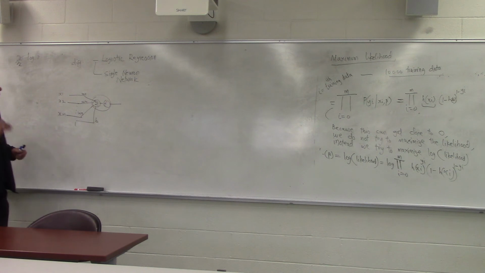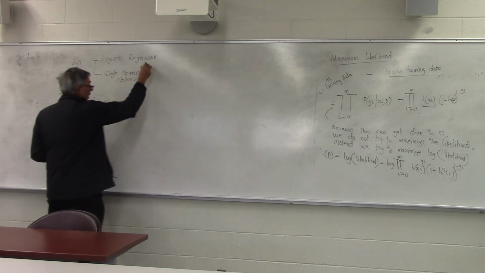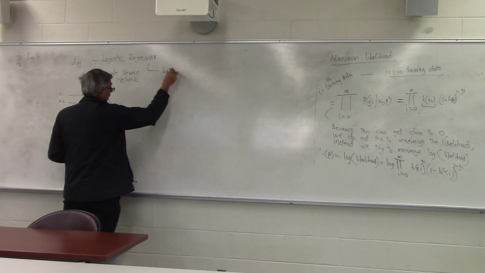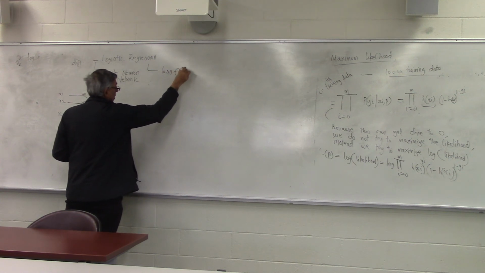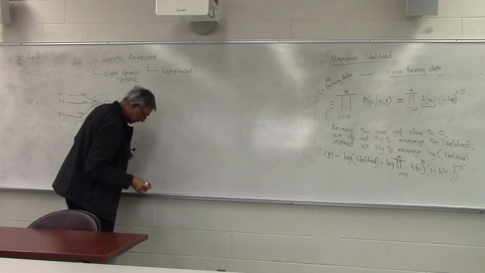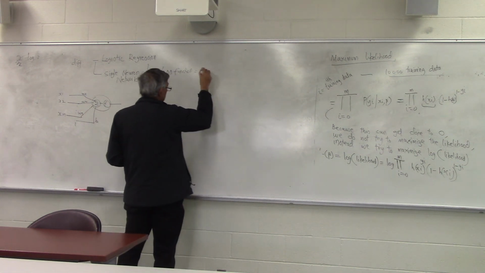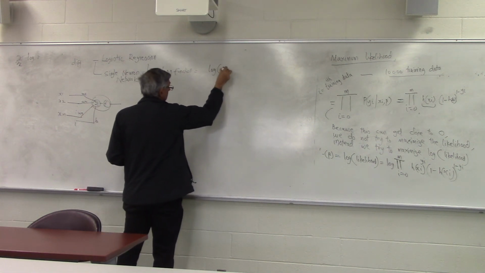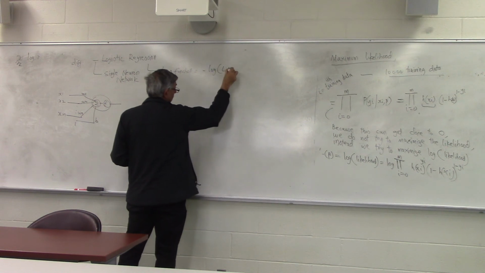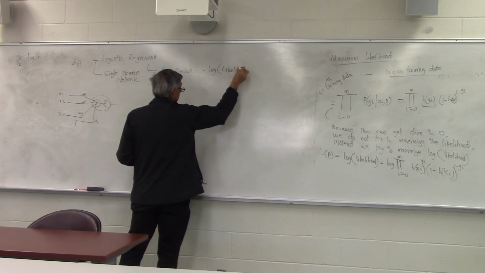So now there's one more difference. The loss function over here in logistic regression was what? If you recall, it was the log of the likelihood, or negative of the log of the likelihood, right?